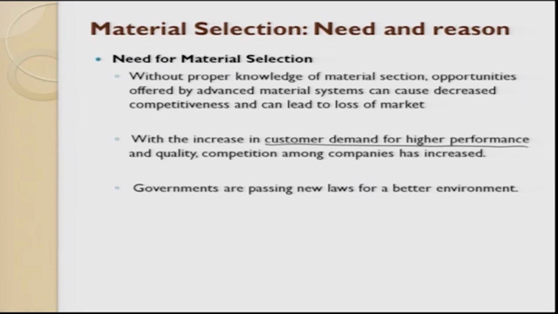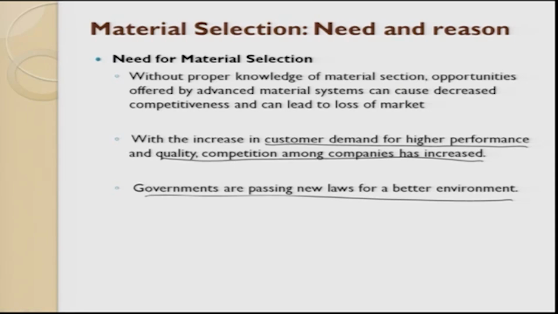So the customer demands for high performance and quality, and competitiveness among companies has increased. So a proper choice of materials is very, very important. And today the government norms have also become very stringent. They are now talking about a green earth.